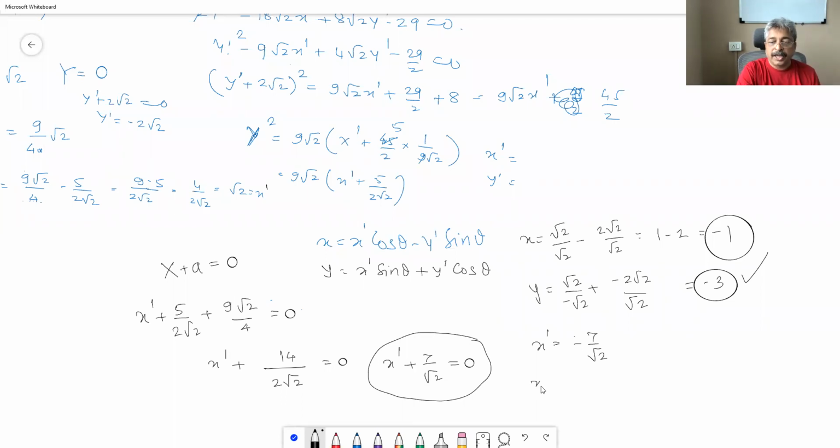Let us put it. So x is equal to minus 7 upon root 2, cos theta is root 2, minus y dash upon minus root 2.